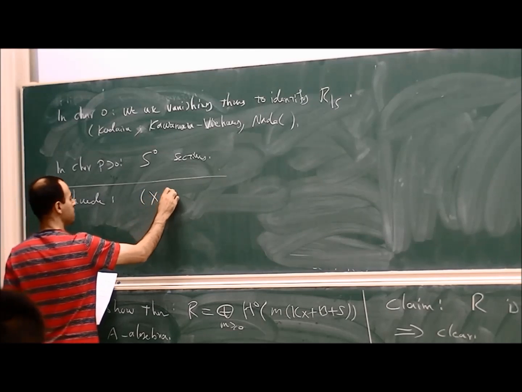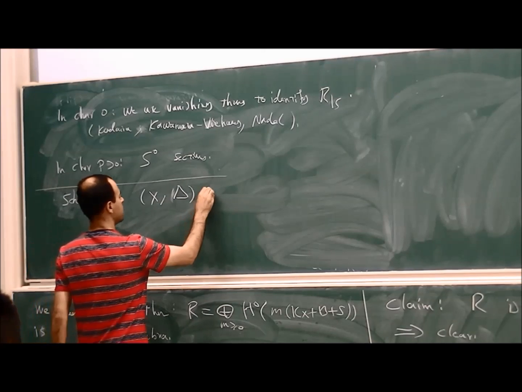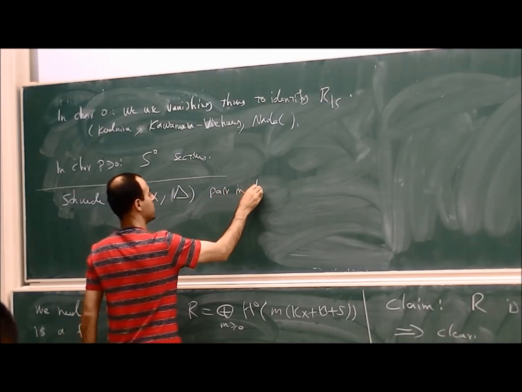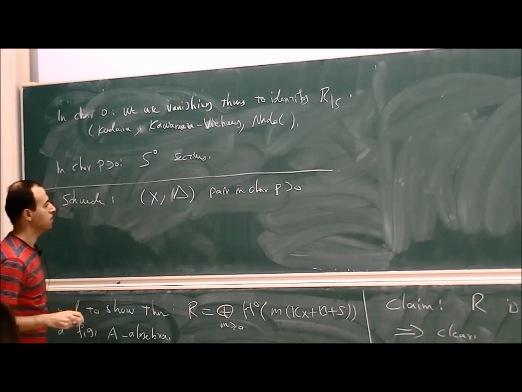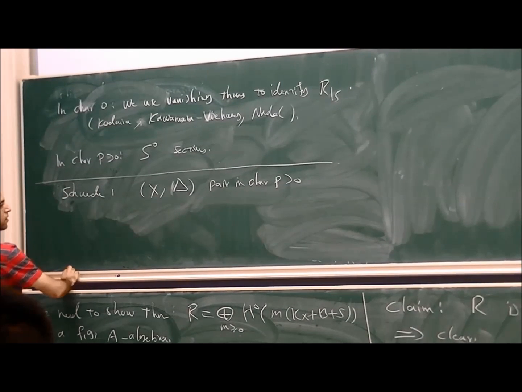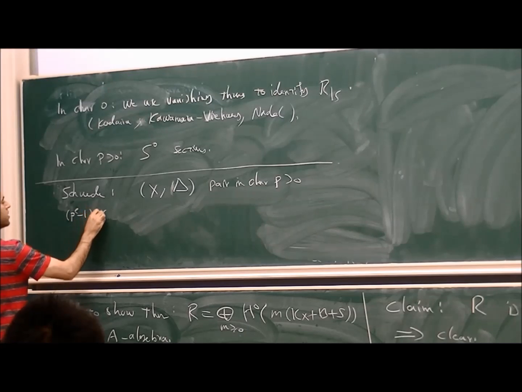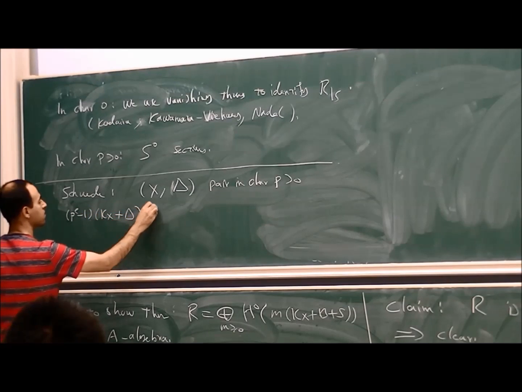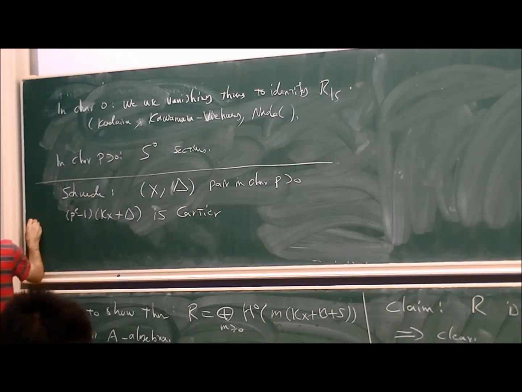So we take a pair, let me also just change the notation, (X, Δ), in characteristic p. And then remember that we have a Frobenius map and a trace map and so on. Here let's also assume that (p^e - 1)Δ is Cartier.